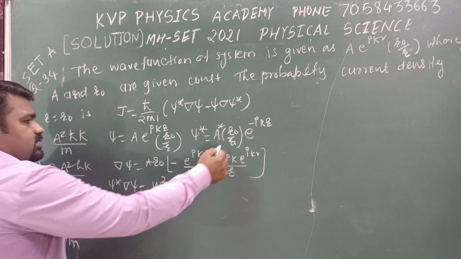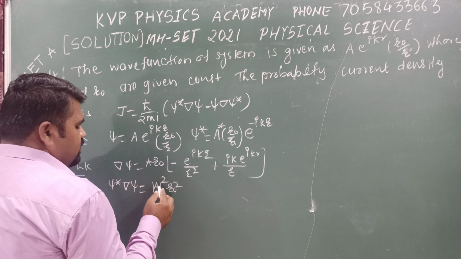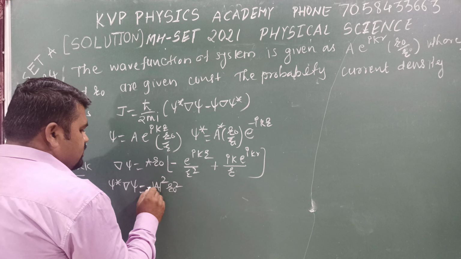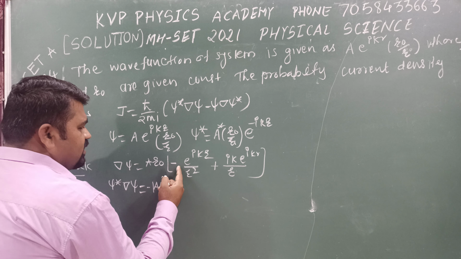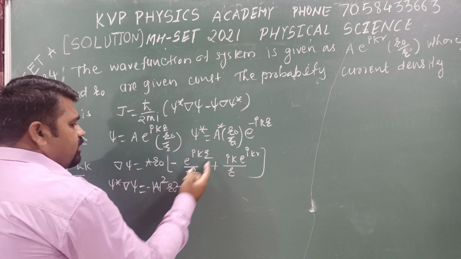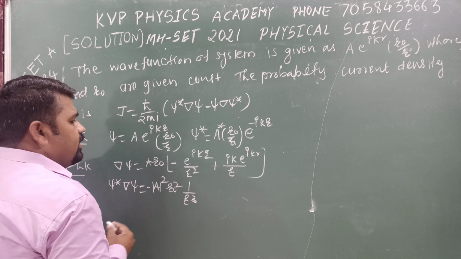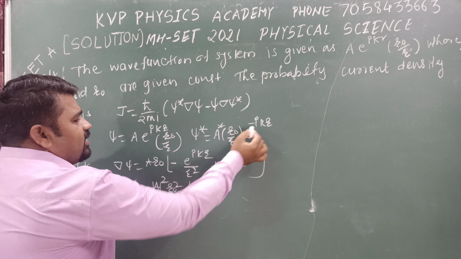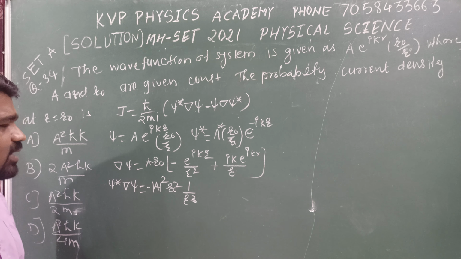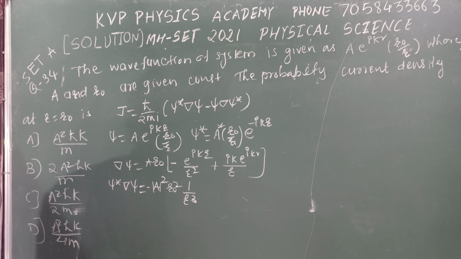Next, here r and r squared, this becomes minus, because here is a plus sign, here is a minus sign: 1/r squared, r to the power 3. Next, here e^(+ikr), here e^(−ikr), plus and minus get cancelled. First term is over.